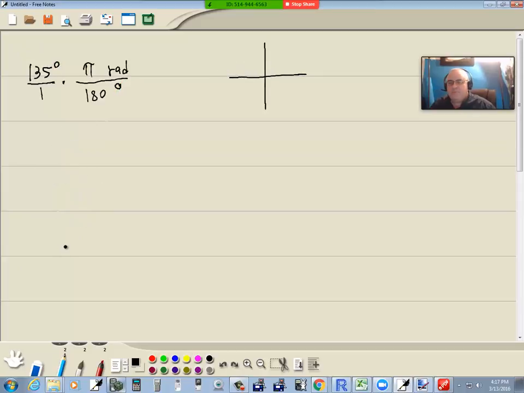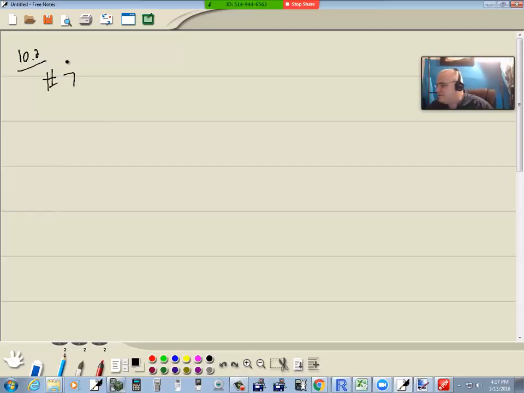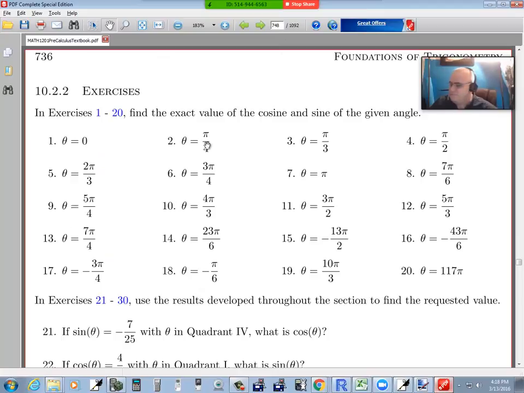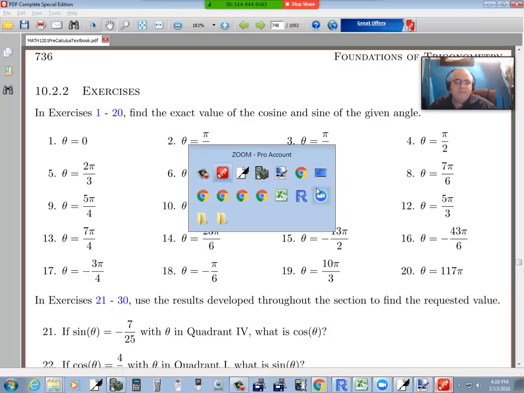And we'll go over to 10.2. 10.2, number 7. This starts on page 748, and we're starting at number 7. What's 7 say? Theta is equal to pi.